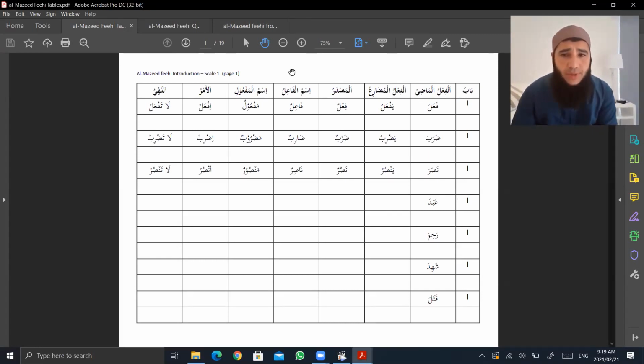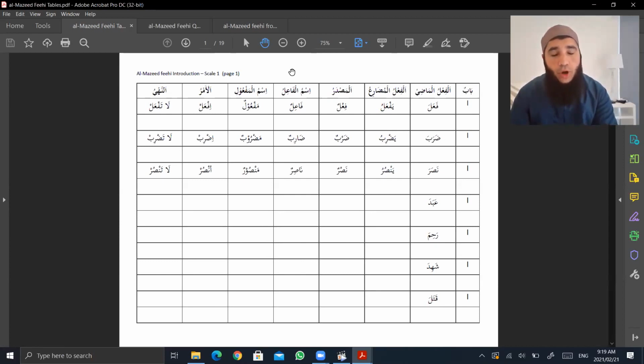Yeah, so we were busy with our sarf. We were learning the mazid fee scales. Before we got into mazid fee, we looked at the sarf saghir, which is what we termed for ourselves going across the scale, as opposed to going down.